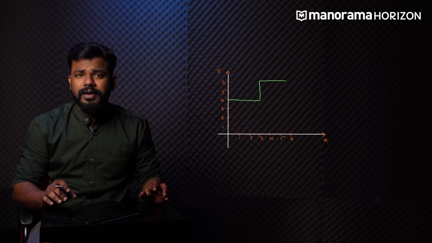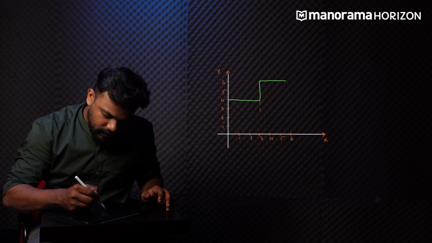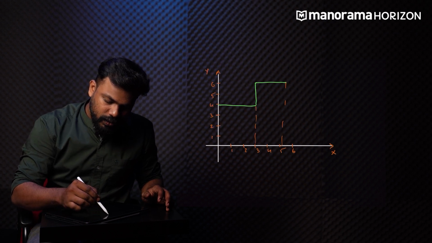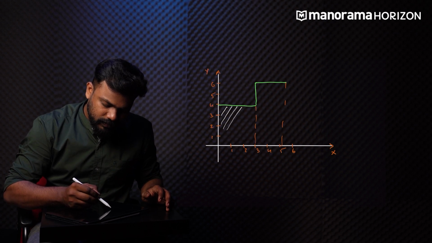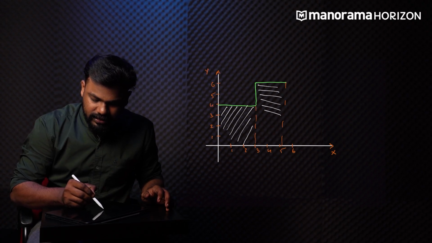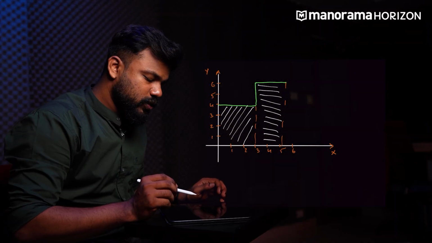No, not directly, but there is another way. Can I just split this into one rectangle over here and another rectangle over here? Can we see two rectangles? Yes. If I shade this one, this is one rectangle, and here you can see another rectangle. So you have two rectangles over here.